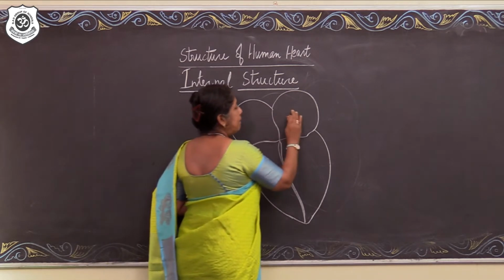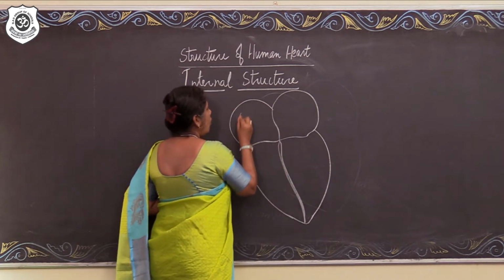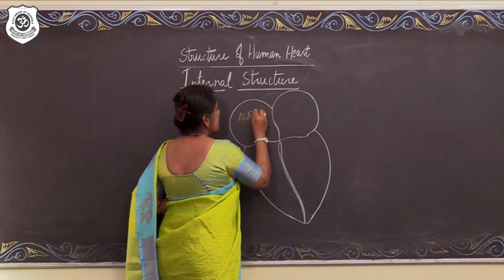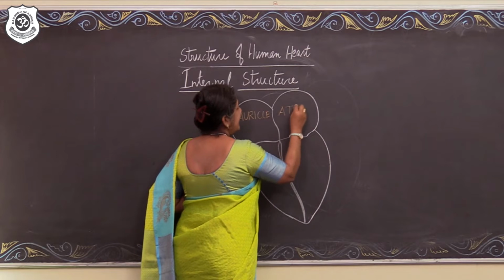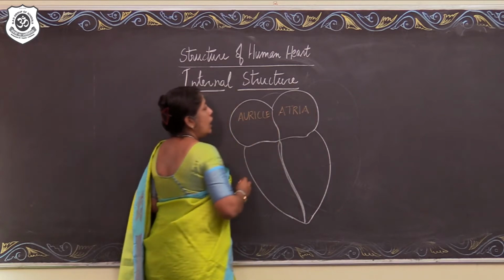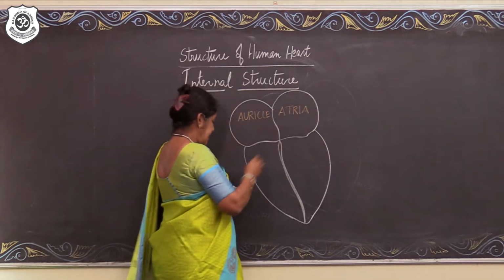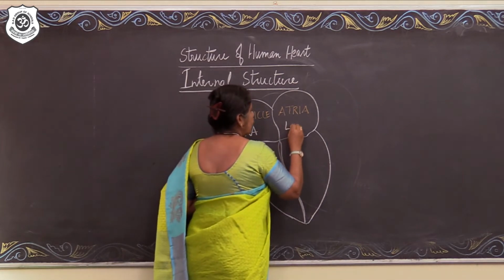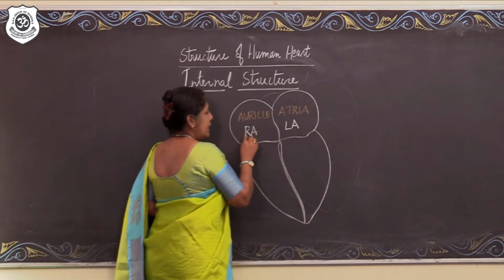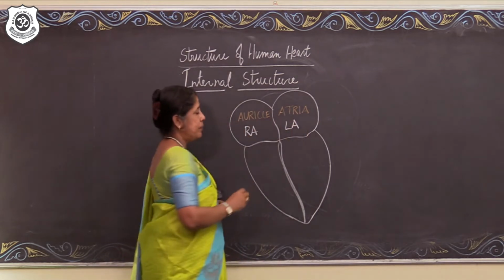Now, the two upper chambers of the heart are called as auricles, or they are also called as atria. Now, these upper chambers are designated as right auricle and left auricle, which I have indicated with RA and LA. Right?